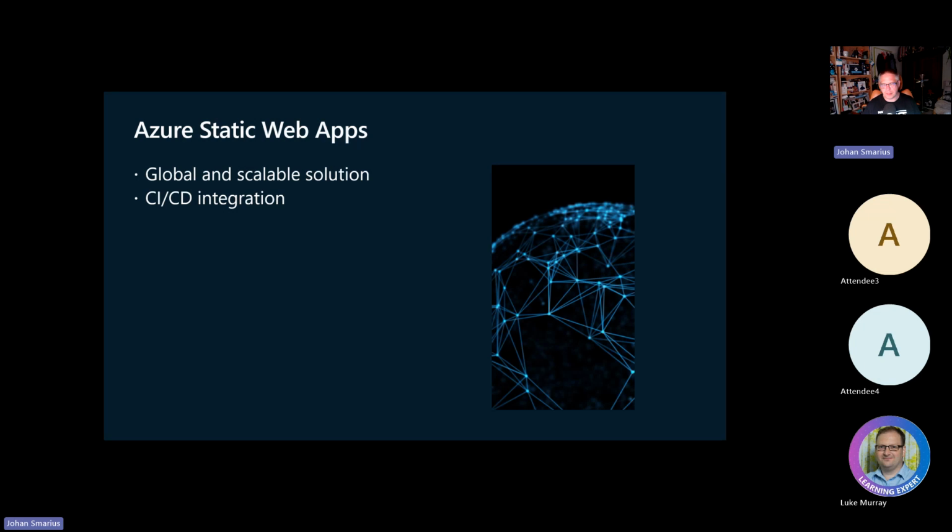Of course, we don't right-click deploy anymore, do we? Yes, sometimes we do, of course, but it's good to have a CI/CD integration. Well, Azure Static Web Apps, and I will show you that, does have that out of the box. There's integration with an API, because a lot of web applications do need some information from a backend server.